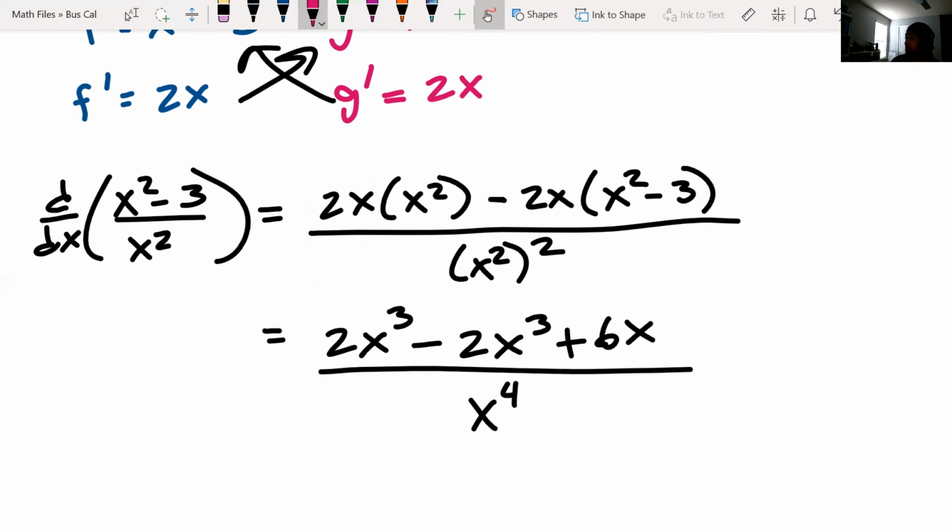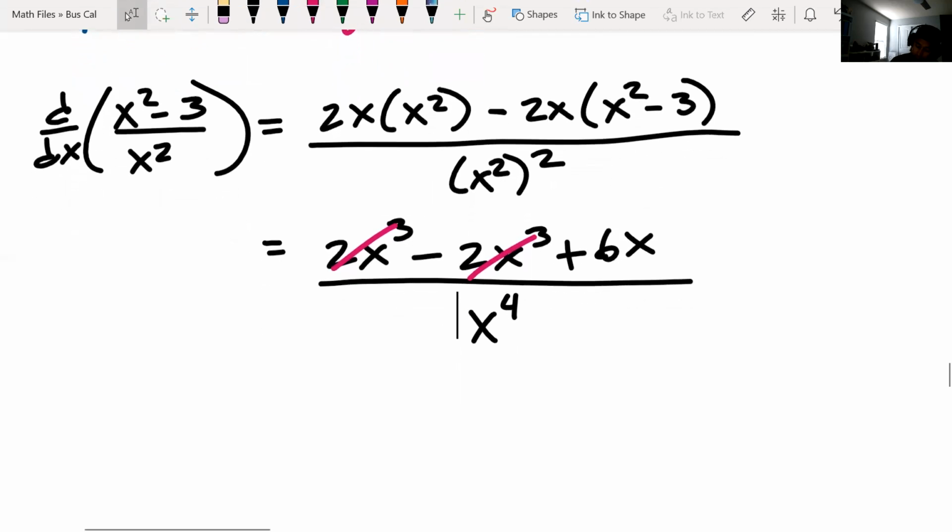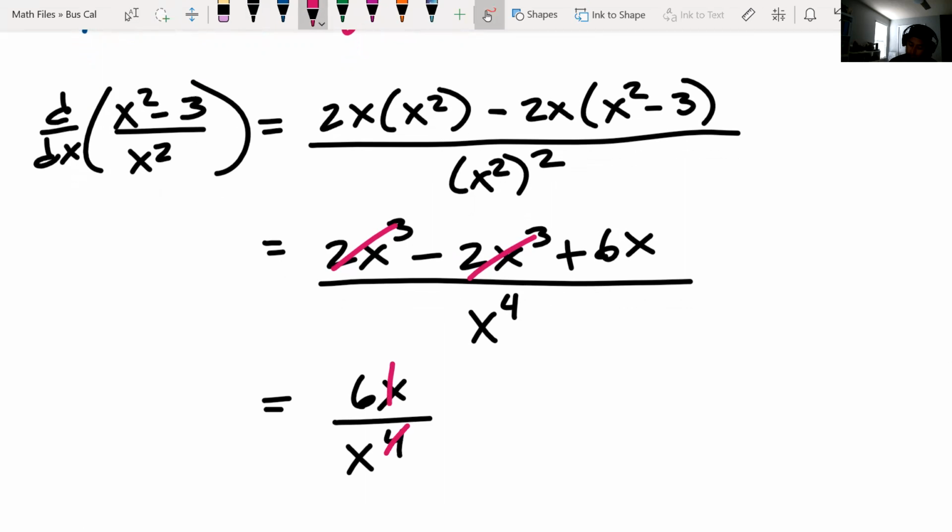And then we see that my x cubes will cancel. So what we are left with is 6x over x to the 4th, where the x's will cancel. This x is gone. Just put a line through it. And that 4 becomes a 3. So this will be our final answer of 6 over x cubed.